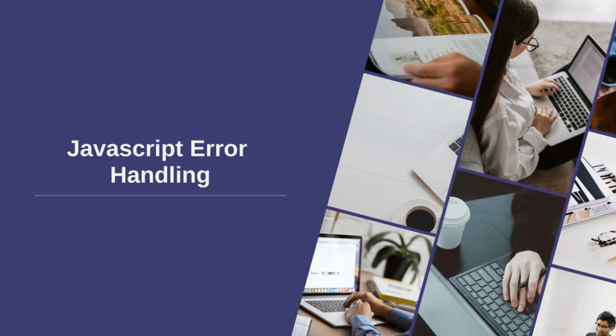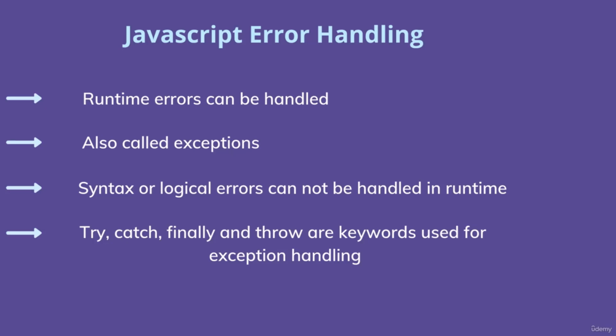In this video of JavaScript, we are going to deal with error handling. Error handling is a very important concept in any scripting or programming language, because once you write code and it gets compiled or interpreted successfully, that means it is fine and good to execute.